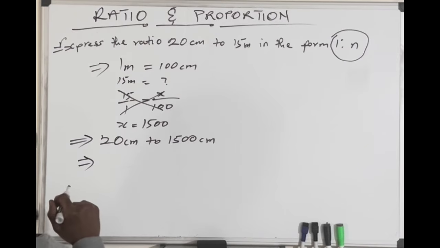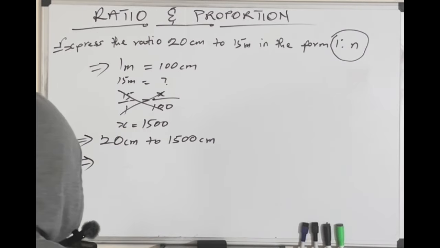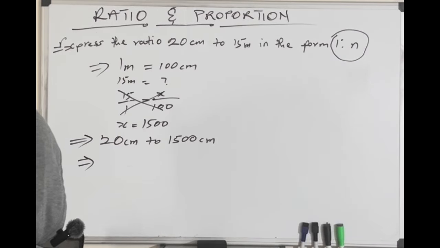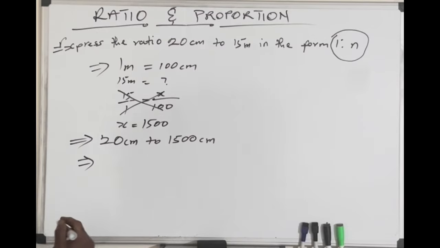The easiest way is to just divide 1500 by 20, and then we get 75.